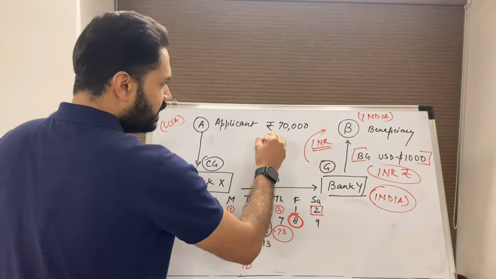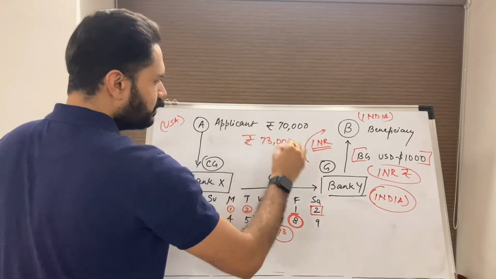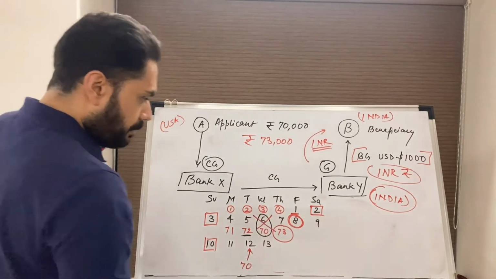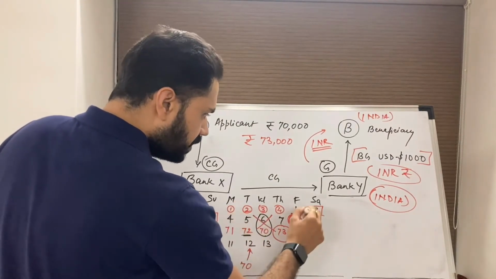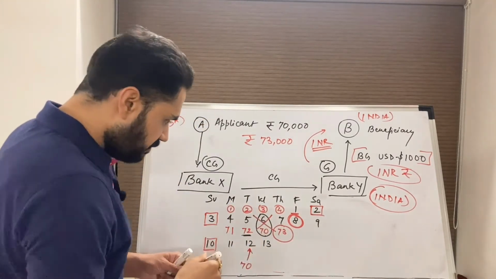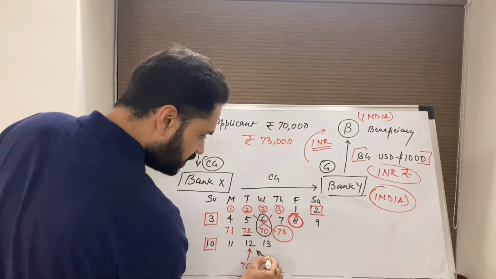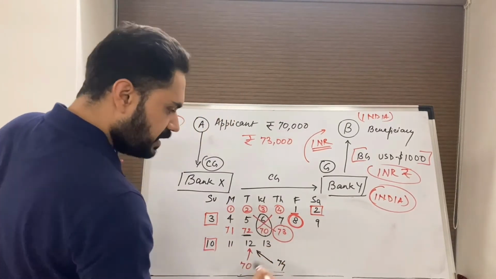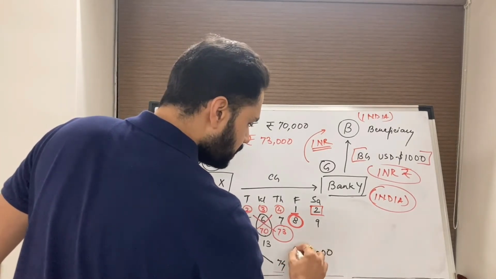So the beneficiary can demand 73,000 rupees because the guarantor did not make payment during the permissible time period. However, if on the 12th the exchange rate had been 74, then the beneficiary would have happily accepted 74,000 rupees.